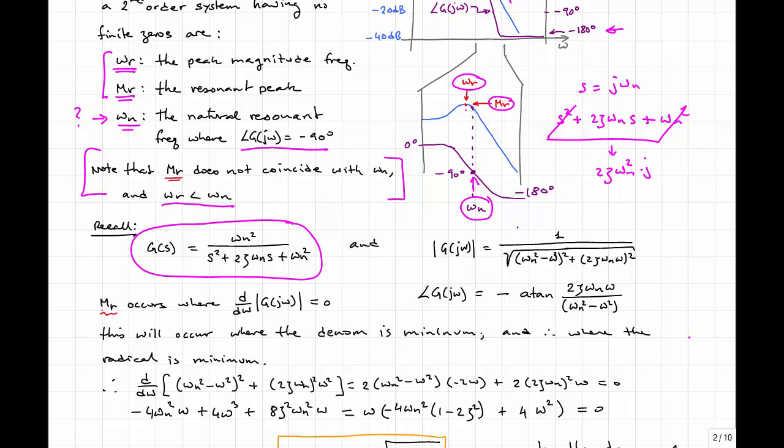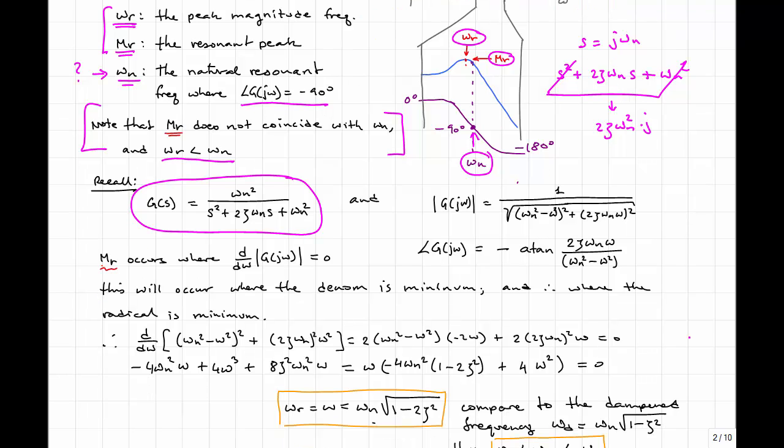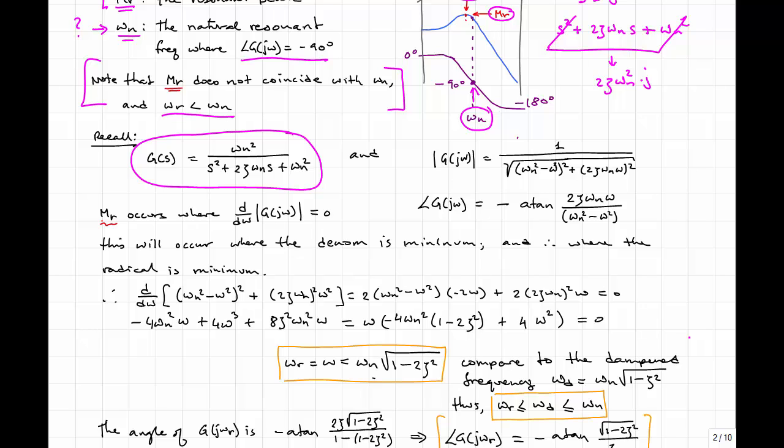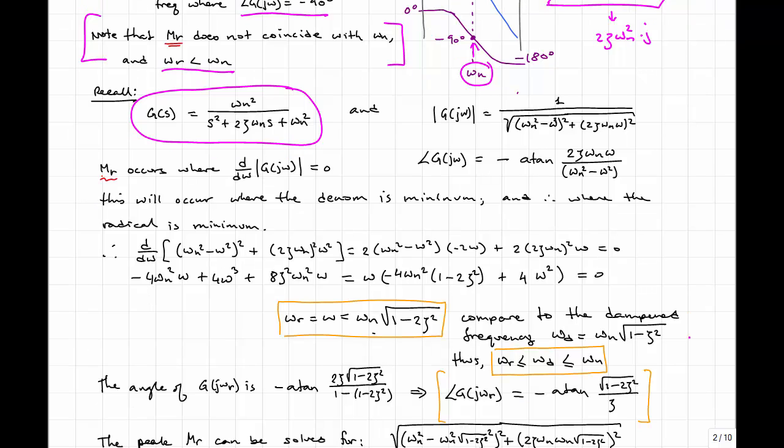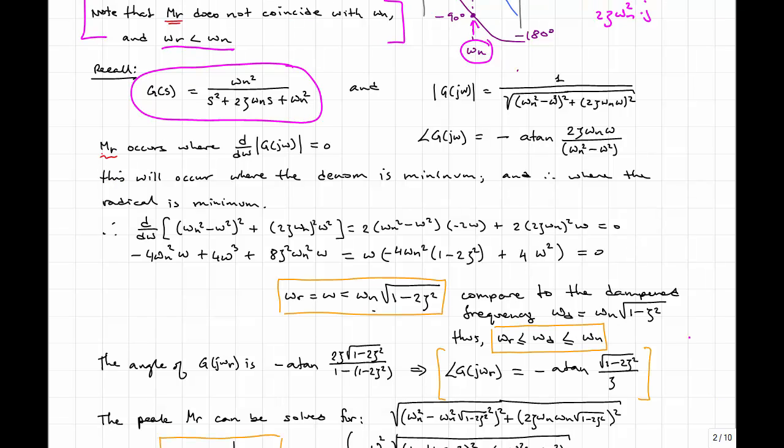Now I have here some details on determining what is Mr and what is omega r. You can pause the video or look at the link in the video description to get a PDF of this.